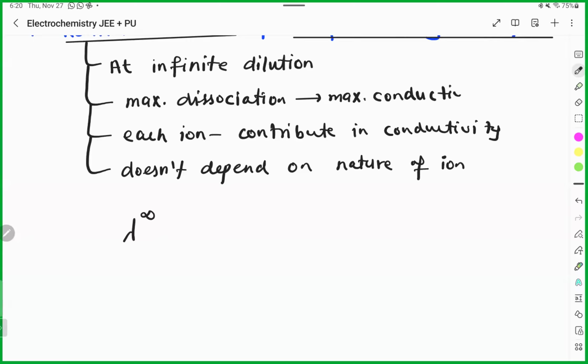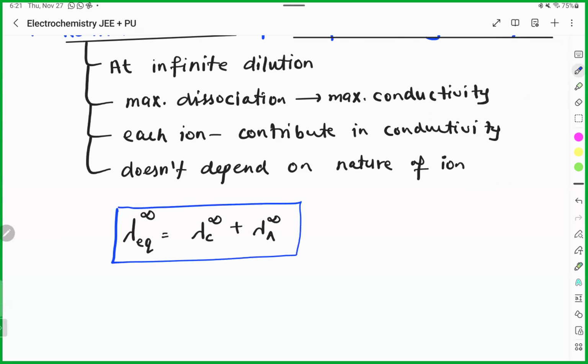Okay, sir. Understood. Okay? So at infinite dilution, you have maximum conductivity. At any other point, conductivity will be less than that. So if you see the equivalent conductivity, what will be the value? The conductivity of the cation and the conductivity of the anion at infinite dilution. This infinity means infinite dilution.